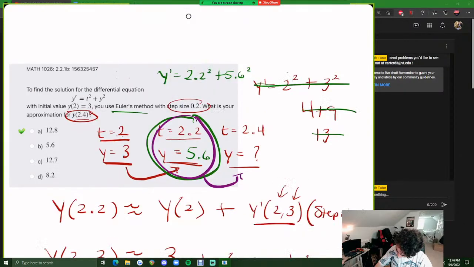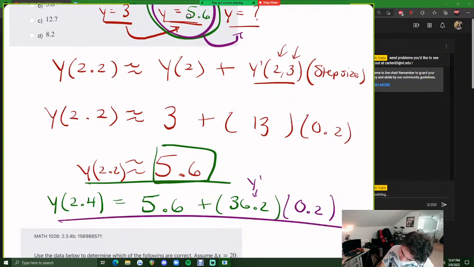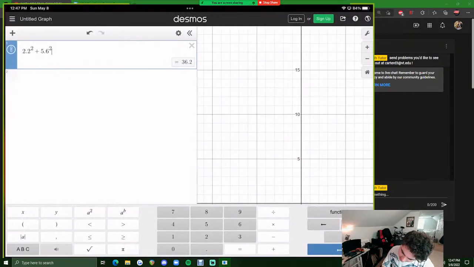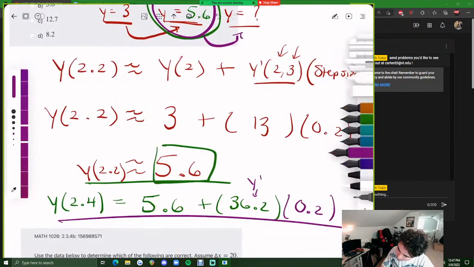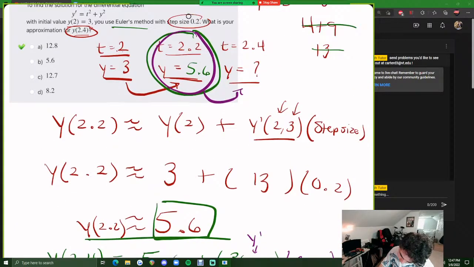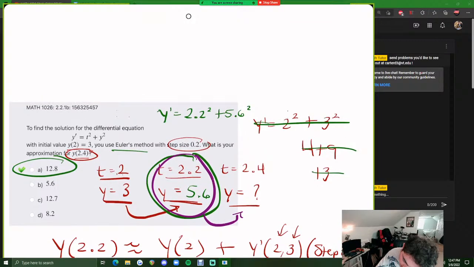So the last thing we need next to y prime is the step size. The step size does not change. It's still 0.2. All right? So we have 5.6 plus 36.2 times the step size of 0.2. And as a result, we get 12.84, or about 12.8.